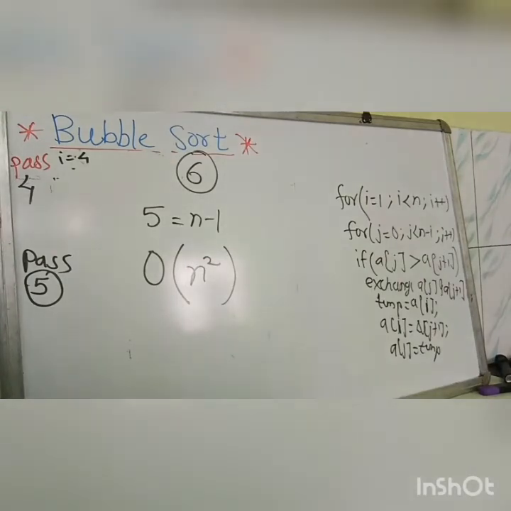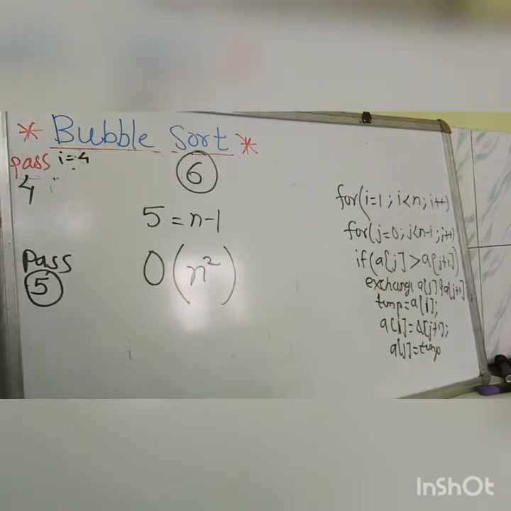What is the best case and what is the worst case time complexity? The best case is where we test the algorithm by providing only a small number of inputs to calculate values.